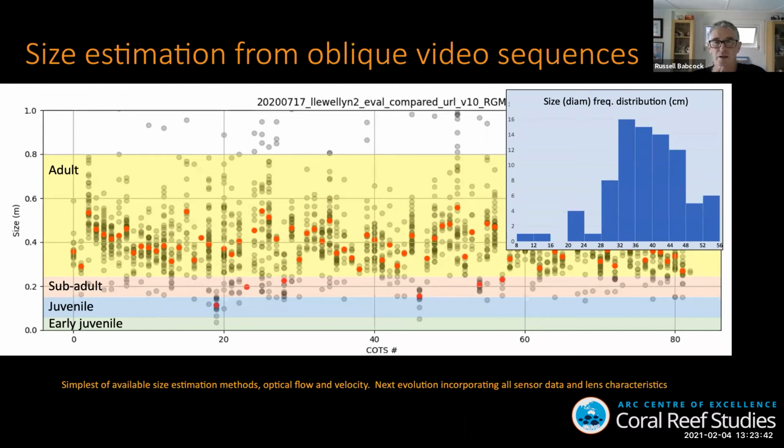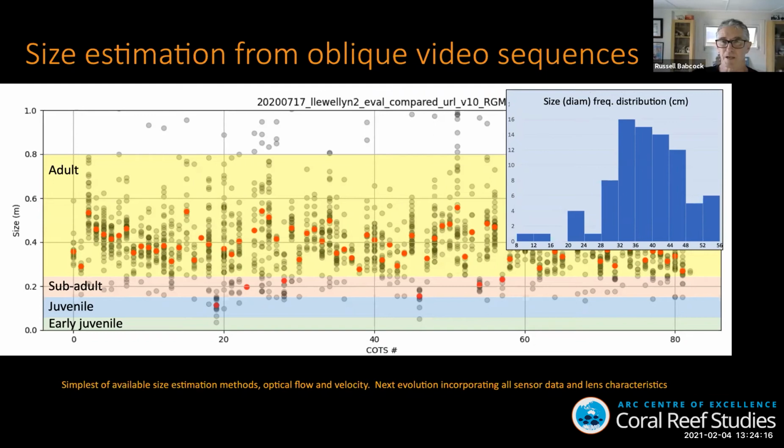So it's quite evident that this outbreak on Llewellyn is not the result of a single pulse of larvae coming from some distant reef. Rather, it's potentially multiple recruitments that have resulted in the population that we see there. That's been an ongoing question in terms of understanding outbreaks. So just one demonstration of the type of information that can come out of this.